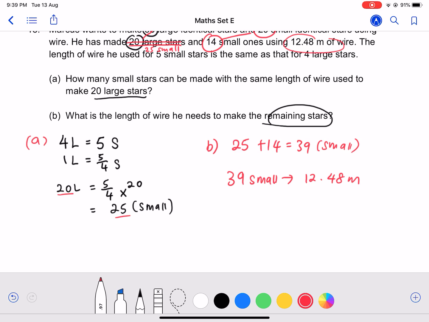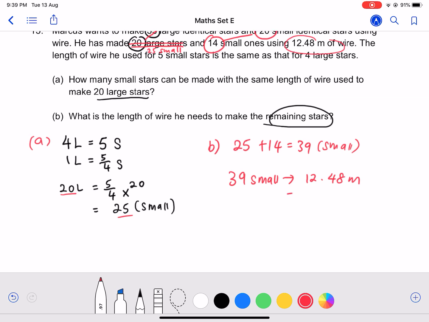So what I can do is change that into centimeters, so that it's easier to divide. A whole number divided by 39 is better than dividing a decimal. 1248 divided by 39. Now I know for 1 small star I need 32 cm.